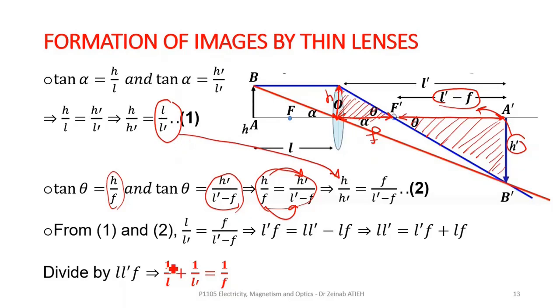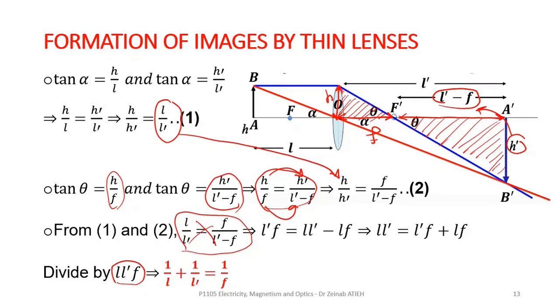So we will get L over L prime equals F over L prime minus F. Now cross multiply both equations, rearrange, and divide all the equation by L prime F. We will arrive at the formula that we have to memorize, which is 1 over L plus 1 over L prime equals 1 over F.